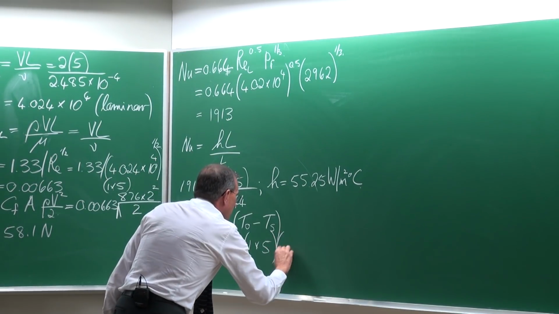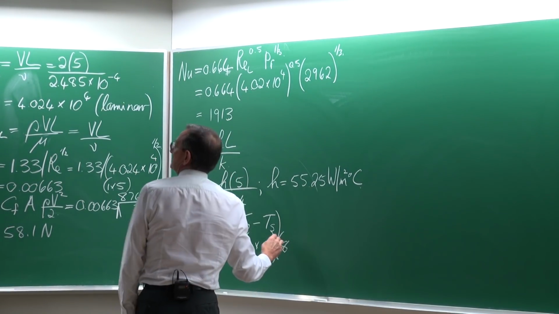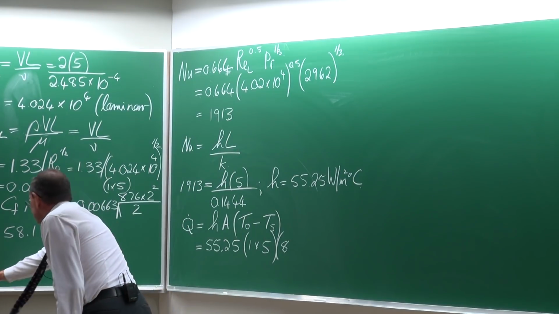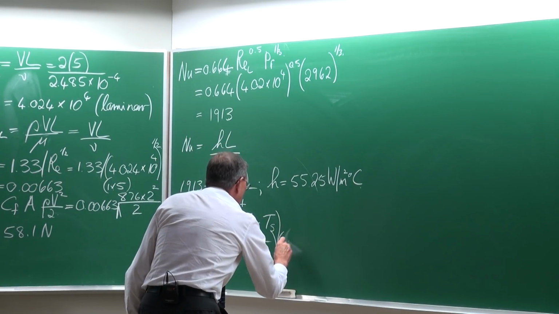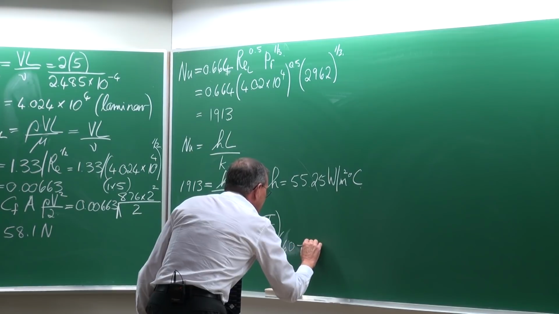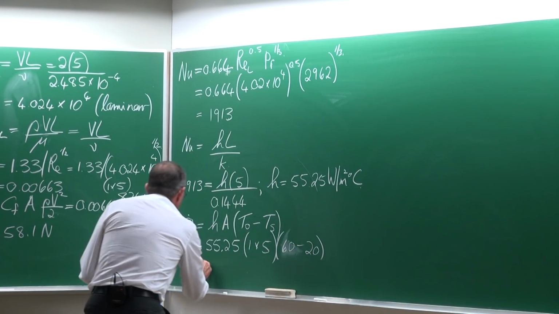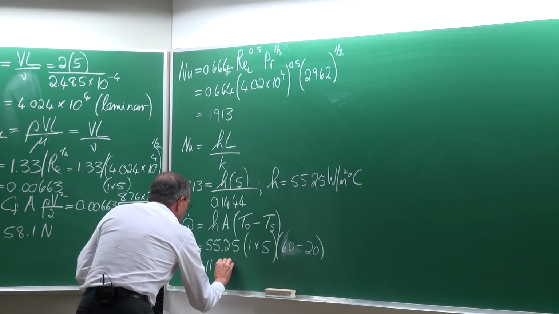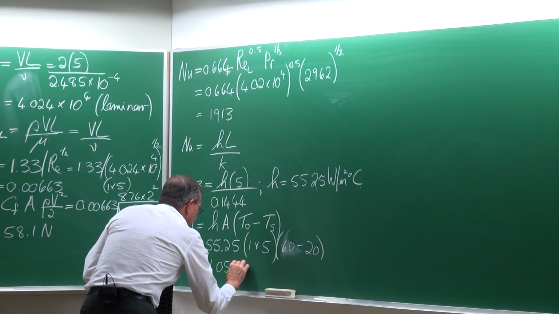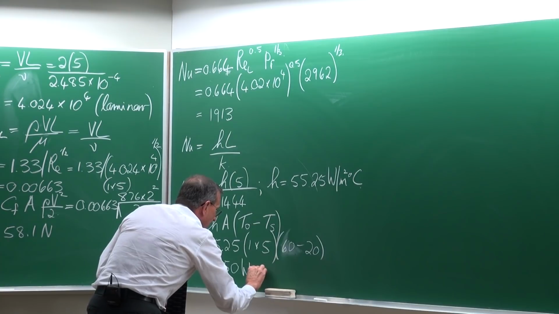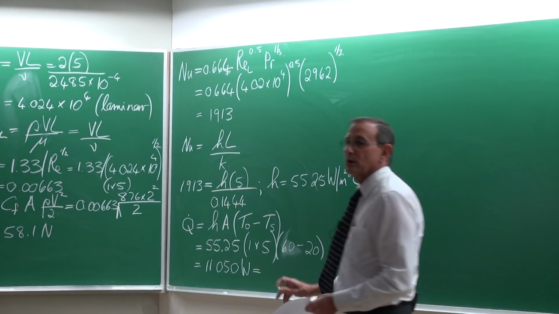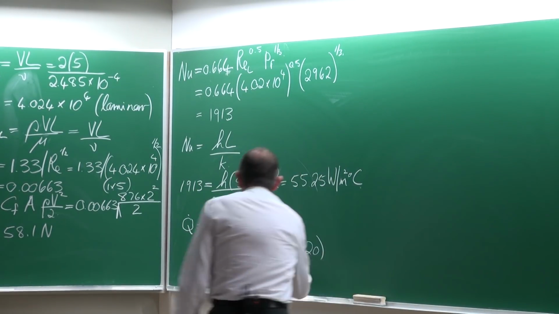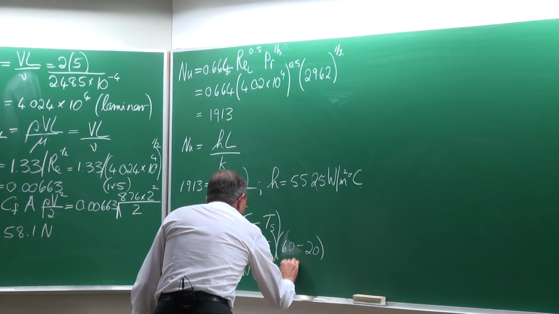Temperature difference, the oil is at 60, minus the plate temperature, which is 20, and that will give us 11,150 watts. Okay, that's not an engineering answer. The answer is 11.1 kilowatts.